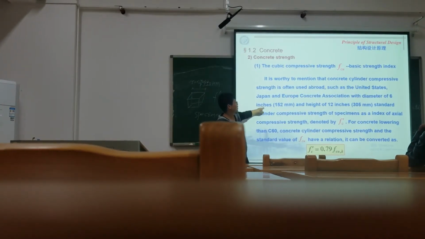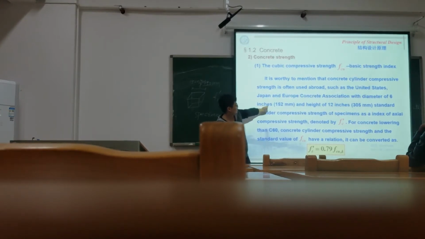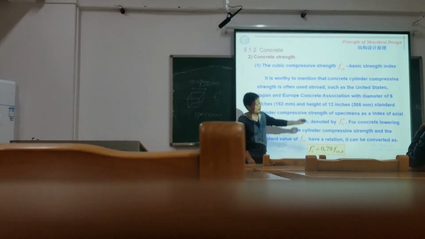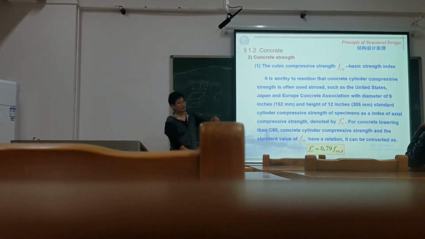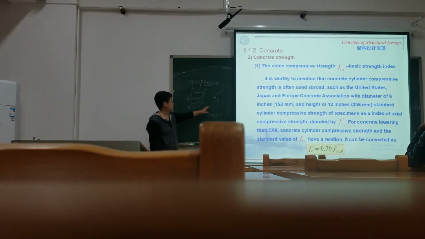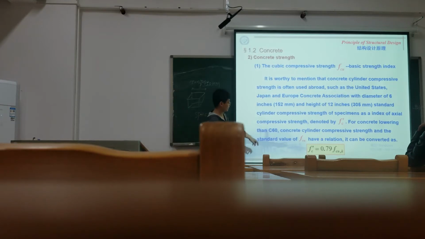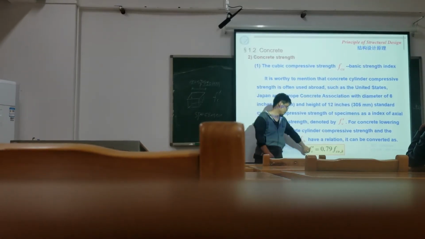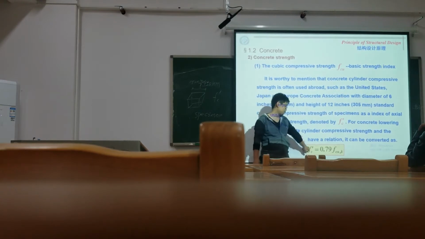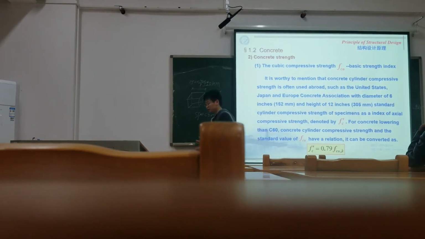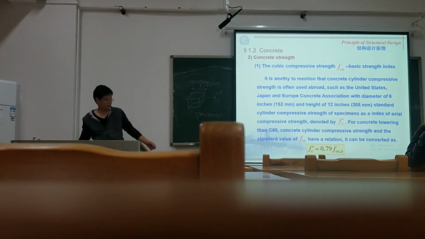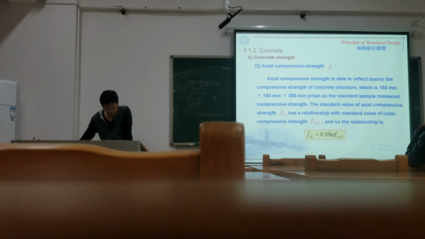We use the cube; they use a cylinder, 6-inch diameter and 12-inch height. The specimen is different, so the strength is different. But we have this relation: once you know this value, you can transfer to this value. We got this 0.79 relationship. So this is the actual compressive strength.